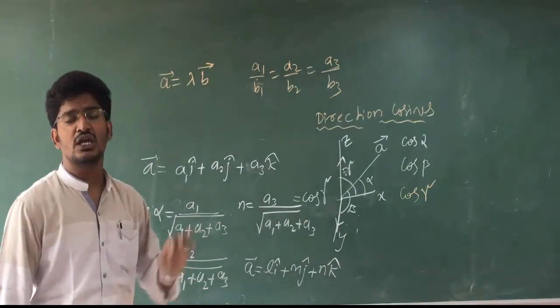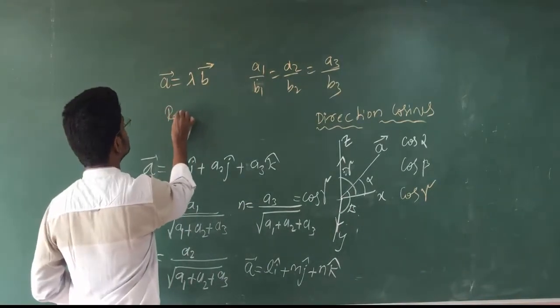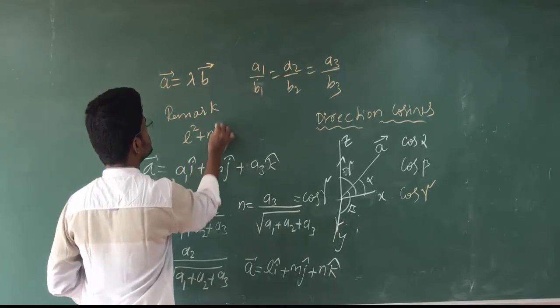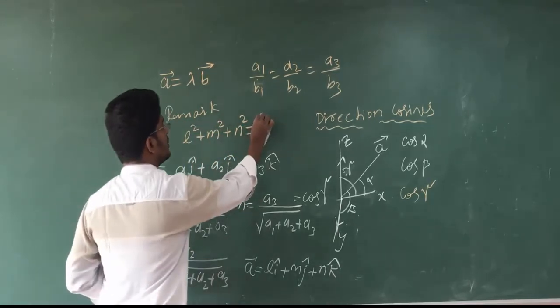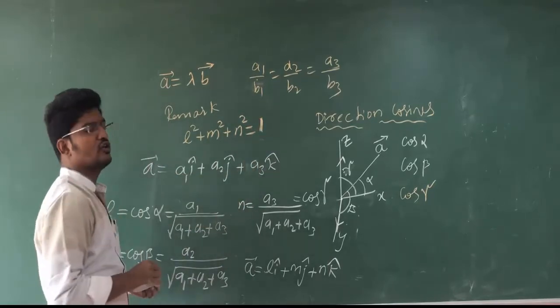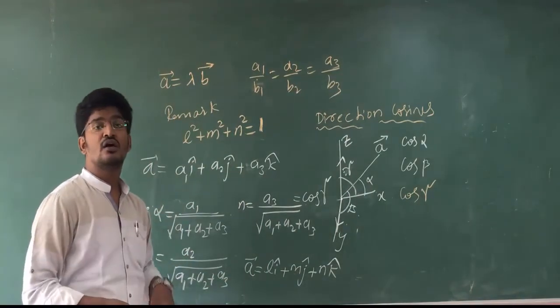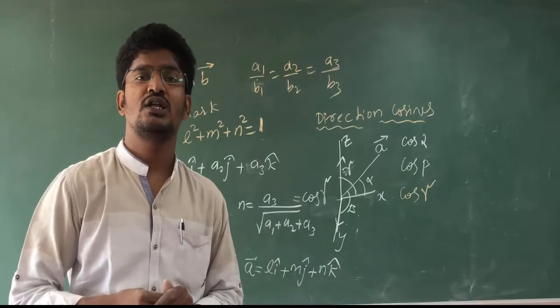Very, very important. You have to remember. Okay. The remark tells that L square plus M square plus N square is equal to 1. Please remember this remark. Let us solve how L square plus M square plus N square is going to be 1 in offline classes. But for now, you have to remember these very, very important things.